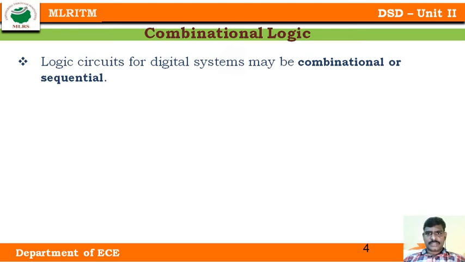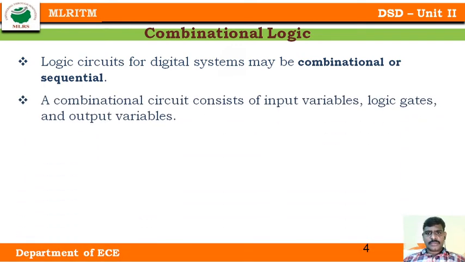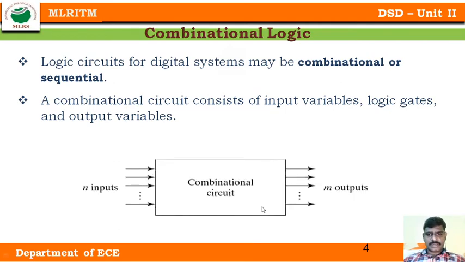Combinational circuits consist of input variables, logic gates, and output variables. If you see the diagram, this is a combinational circuit having n inputs and m outputs.